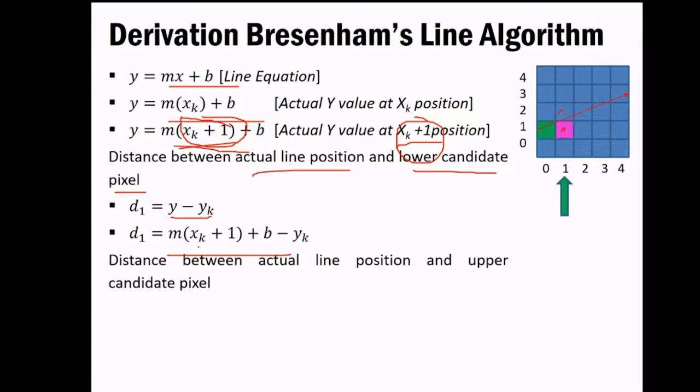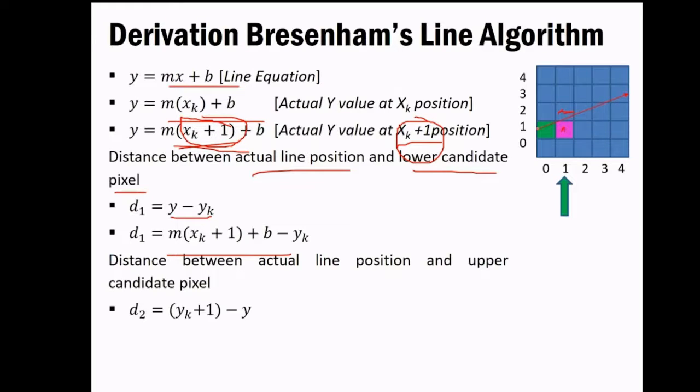If you have written it, the next thing you have to do is find the distance between actual line position and the upper candidate pixel, that is this pixel. See, I am showing you this in the pixel form also, so that you can get an idea of what I want to convey, so there won't be any confusion. Now what I have to do is check the distance between this line and this pixel.